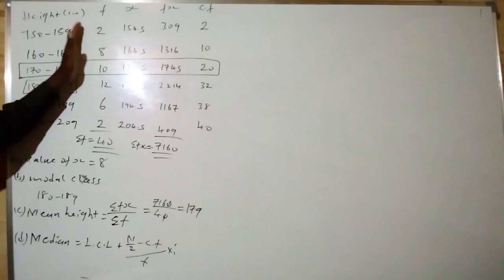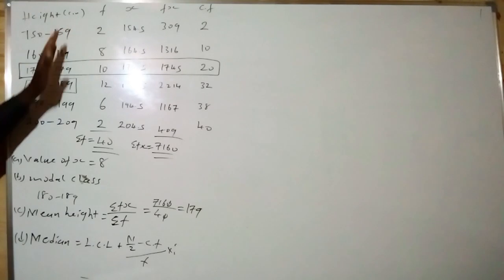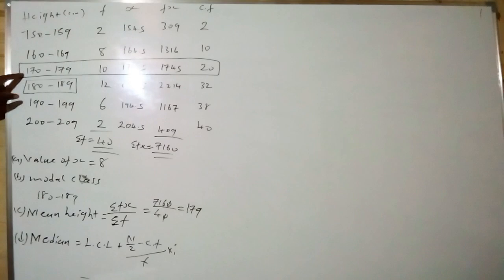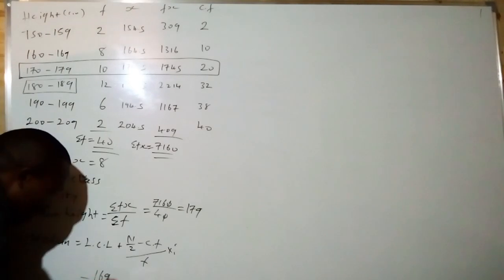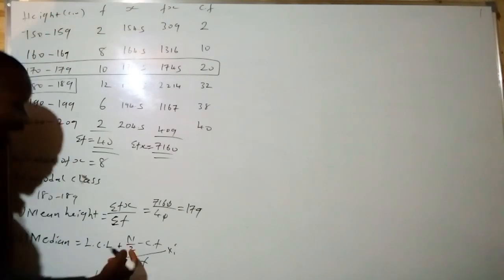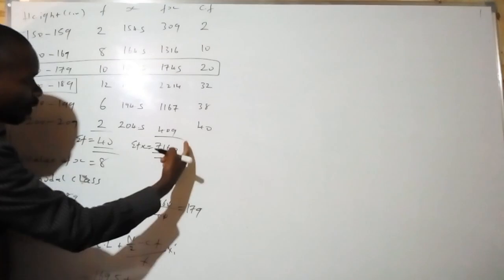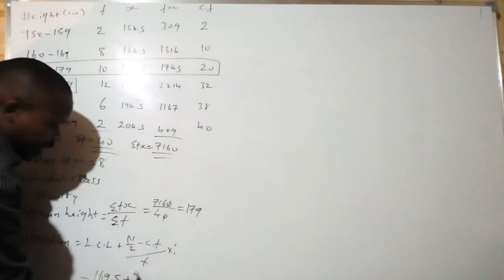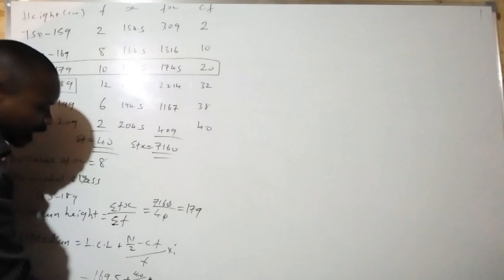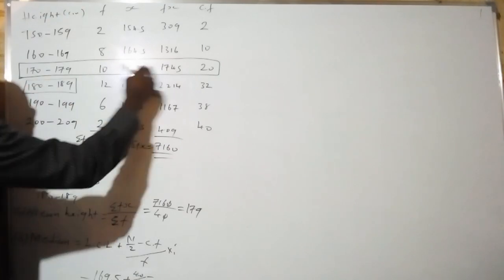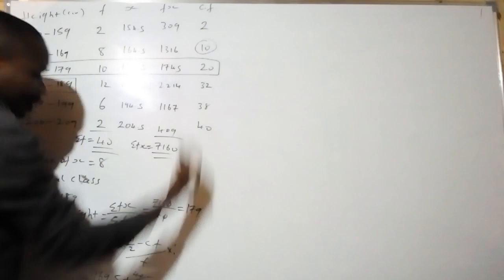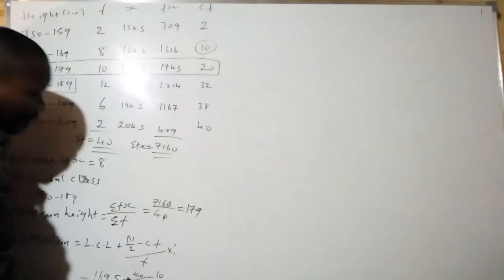Come here and say 170 minus 0.5, it's 169.5 plus n over 2. N over 2, you have said it's 40, divided by 2 you get 20, minus the cumulative frequency above the median class, this 10, all over the frequency in the same class, it's 10, times i.